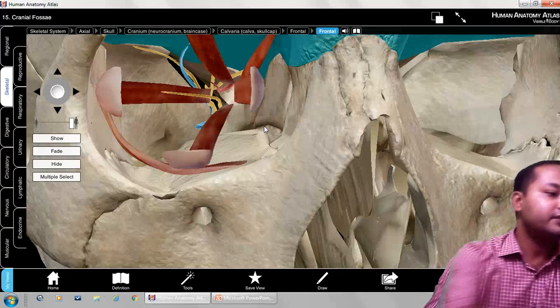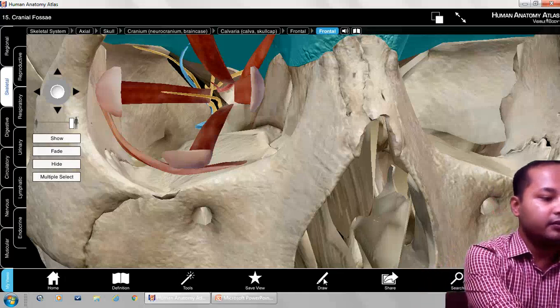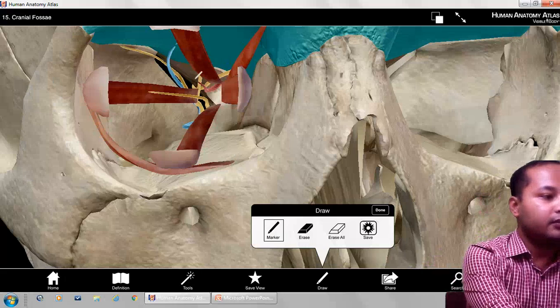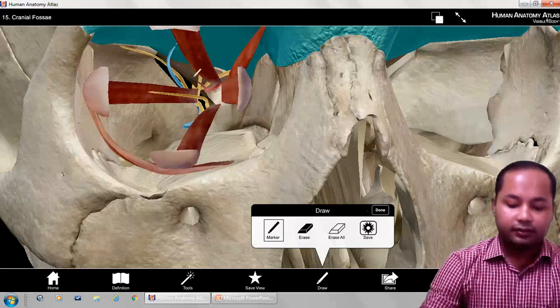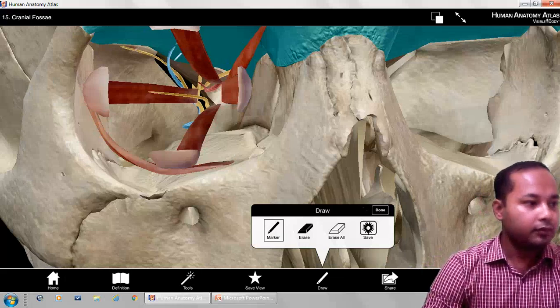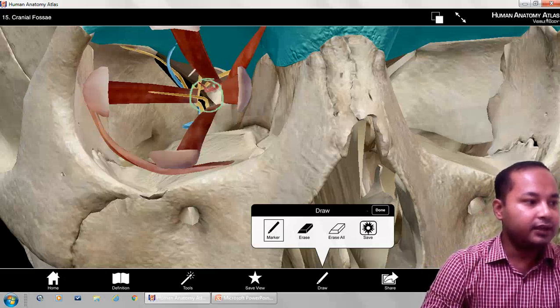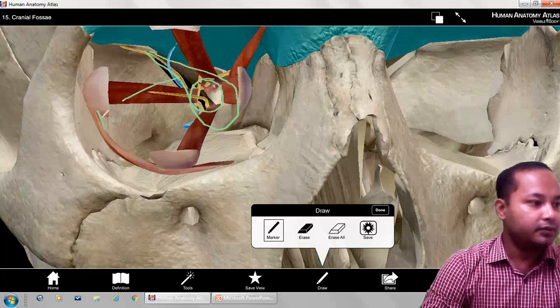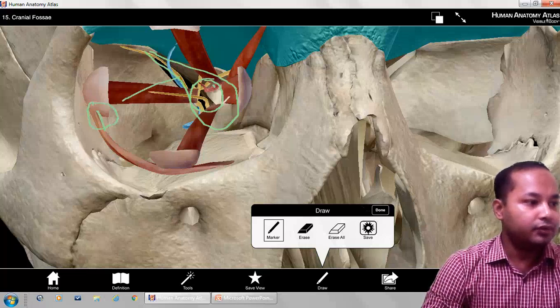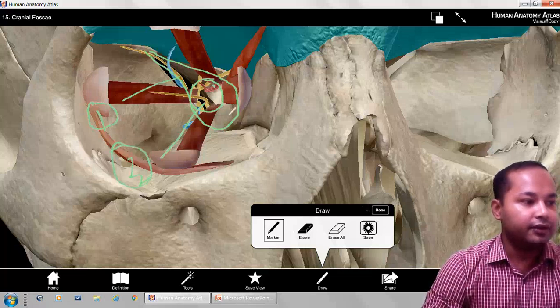This ring, this circle, divides the superior orbital fissure into 3 compartments. Number 1 compartment, number 2 compartment which is inside the ring itself, and number 3 compartment which is medial to the ring.